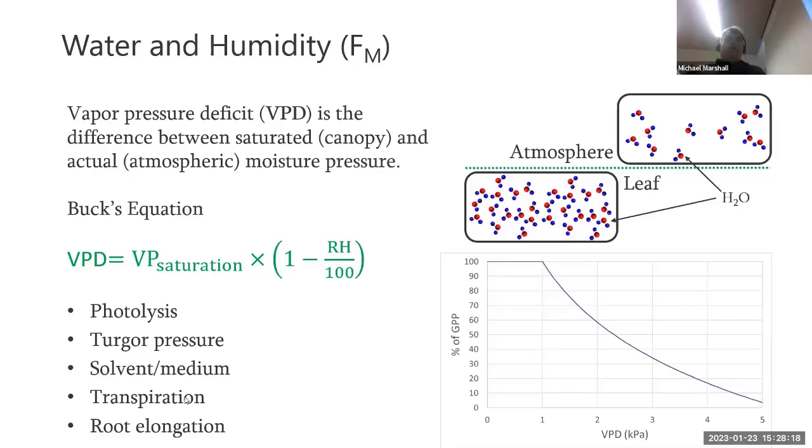One of them is to help maintain turgor pressure, but also it helps keep the plants from heating up too much. If you have ever experienced, on a hot day outside, you start sweating and that water evaporates from your skin and it cools you down. Transpiration basically does the same thing for plants. And it also helps with root elongation.